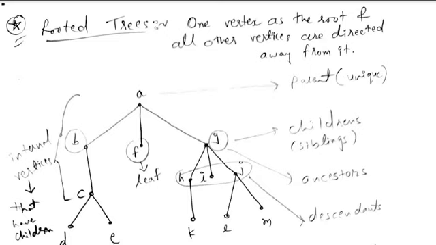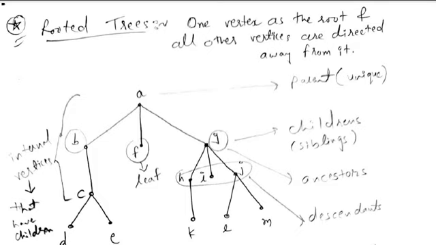Mathematically, the definition is: a tree in which one vertex is defined as the root and all other vertices connected to it are directed from it is called a rooted tree.